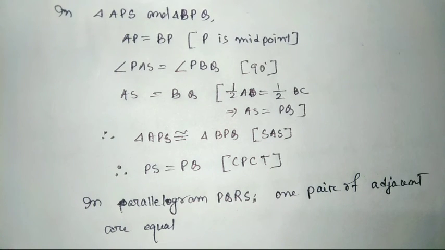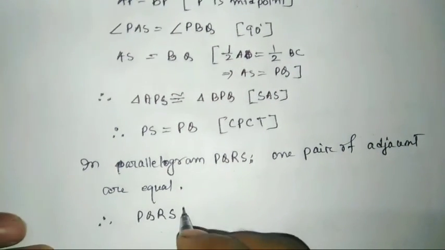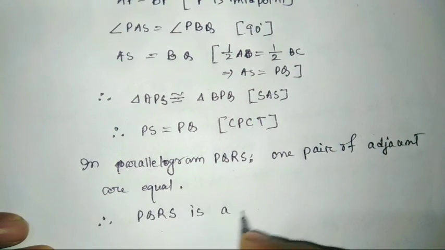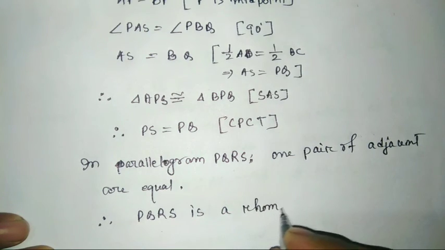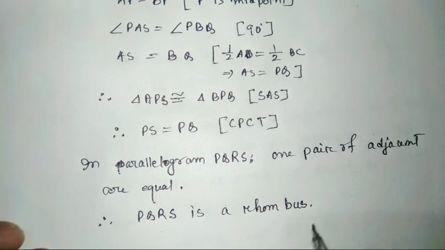When in a parallelogram one pair of adjacent sides are equal, then it becomes a rhombus. Therefore PQRS is a rhombus. So for today this much.